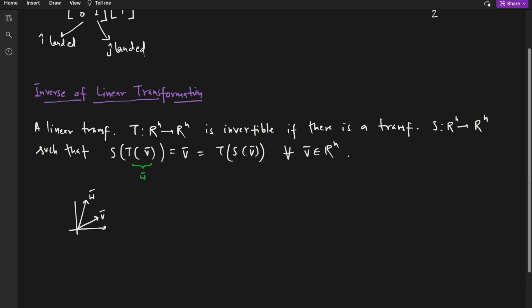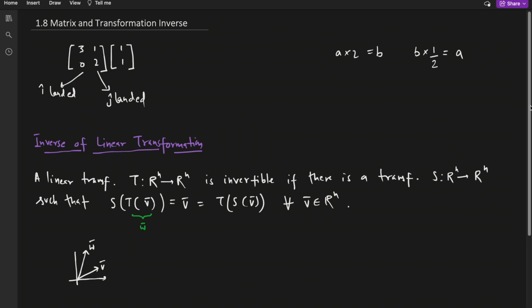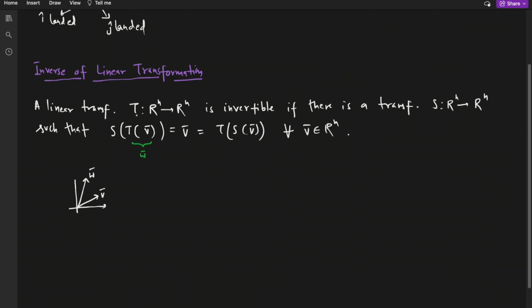So it is kind of like division being the multiplicative inverse, right? The multiplicative inverse of 2 is 1 by 2 because it is undoing its effect. Similarly, here S is undoing the effect of T. So whatever is done by T, S is doing its inverse.